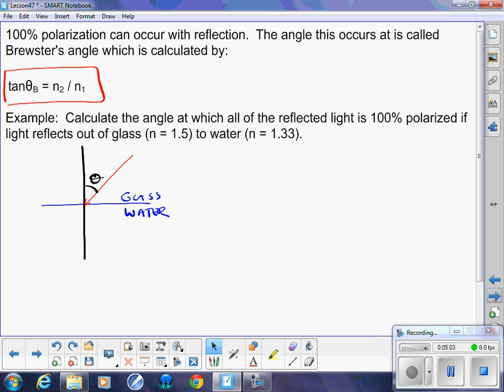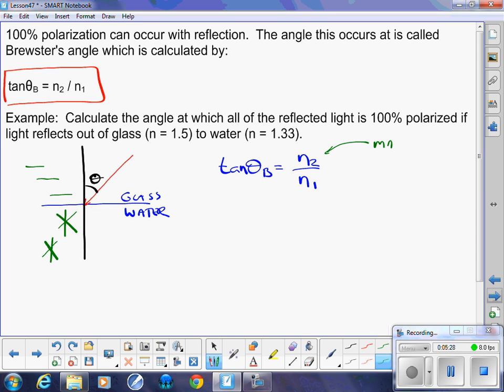So that tells us when we would get that perfectly polarized light reflected off, and then your remaining light entering into the water itself. So our formula for Brewster's angle, N2 over N1. N2 is always the material it's entering. All right. Material being entered.